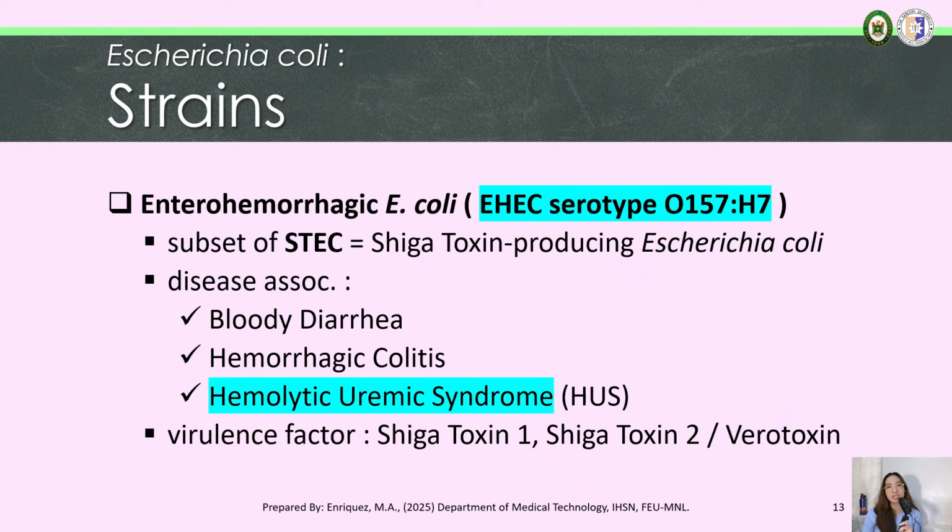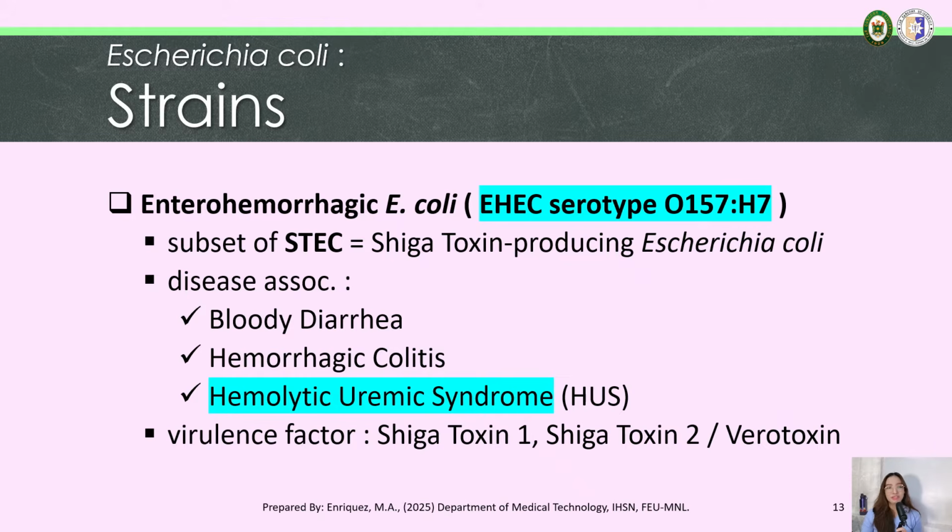So these toxins have the capability to destroy vascular endothelial cells, which is why these are the types of diseases that it can cause: hemorrhagic colitis, bloody diarrhea, and HUS or the hemolytic uremic syndrome. So ano ba ang hemolytic uremic syndrome? HUS is a condition in which the small blood vessels of the kidneys are damaged and inflamed.